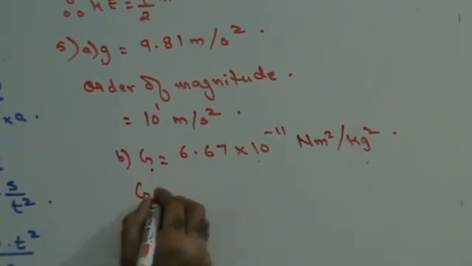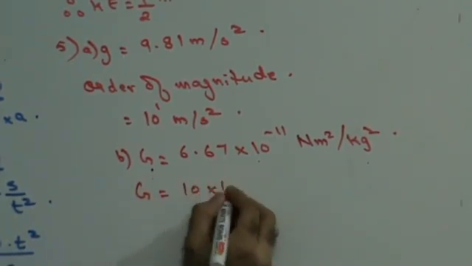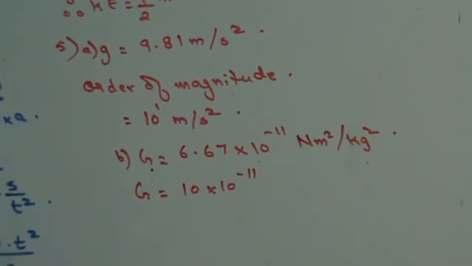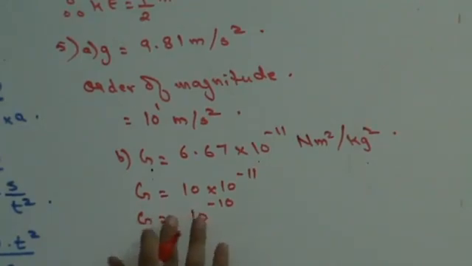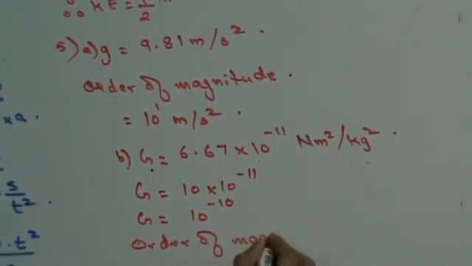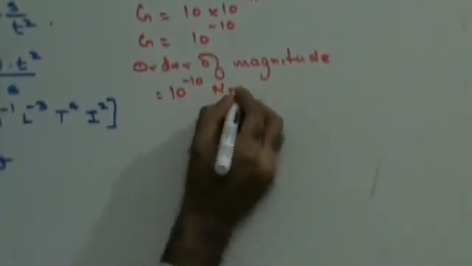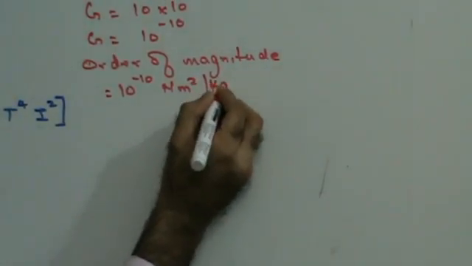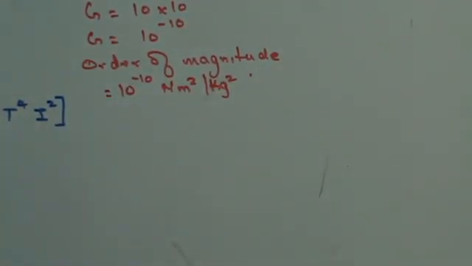So I can say G is 10 into 10 raised to minus 11. Therefore G is equal to 10 raised to minus 10. So therefore I can say that the order of magnitude is 10 raised to minus 10 Newton meter square per kg square. Right? So when you are doing order of magnitude, you have to represent it in some power of 10.